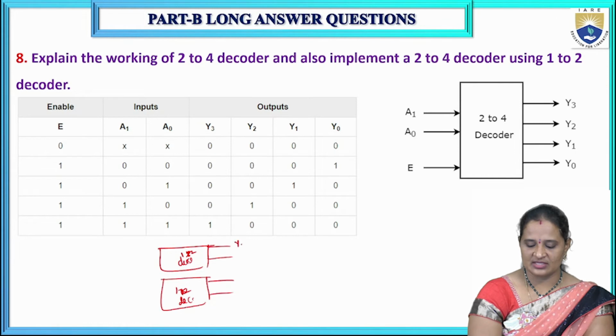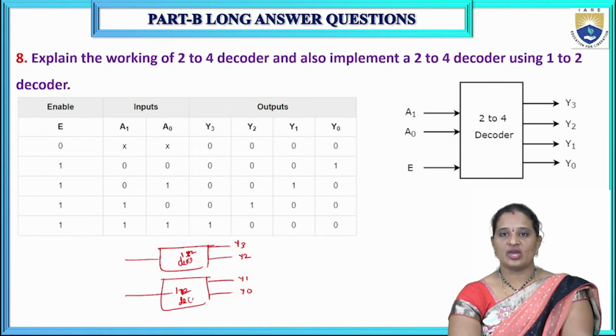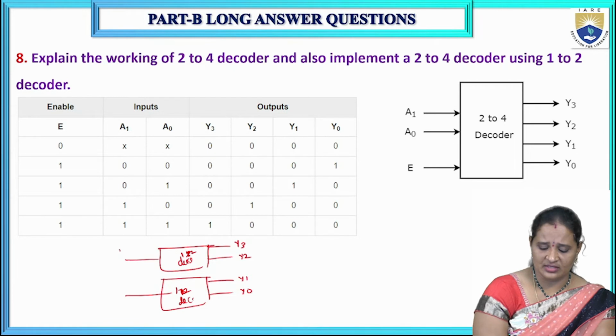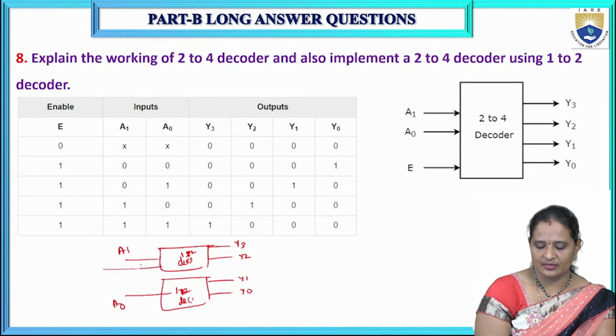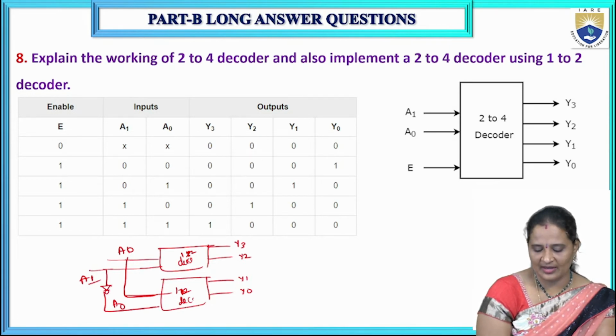Let us consider these as Y3, Y2 and Y1, Y0, and we have one input. Here the inputs are A1 and A0, whereas the enable input: A0 is given as common to both, whereas this is given as A1 and this is complemented and given to the other.